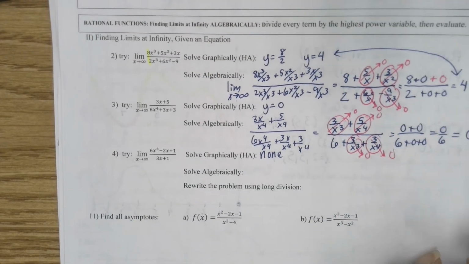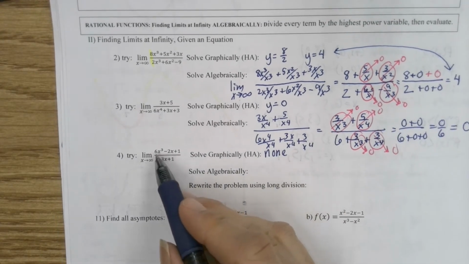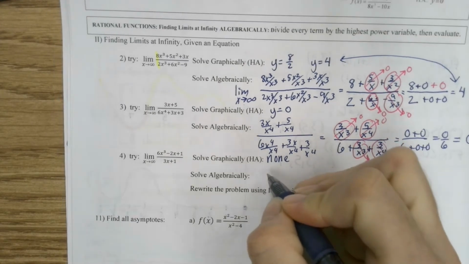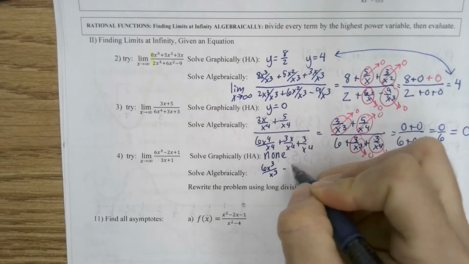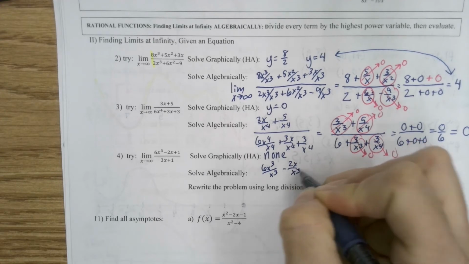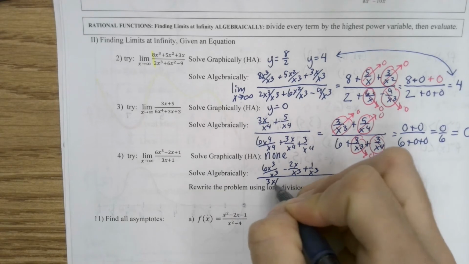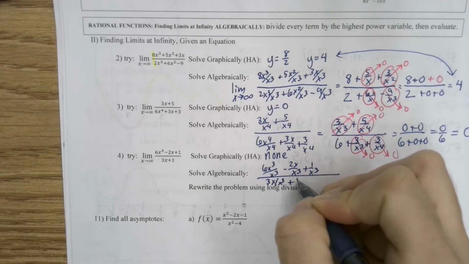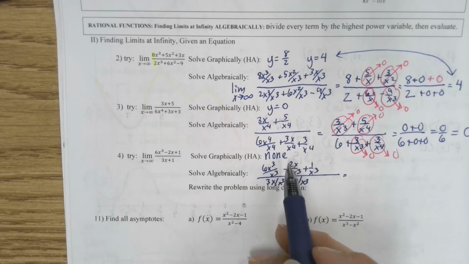Okay, if you take a look at example number 4, we're going to do the same exact thing. We're going to divide by the highest power. And so we'll have 6x cubed over x cubed minus 2x over x cubed plus 1 over x cubed over 3x over x cubed plus 1 over x cubed. Now remember, this was a scenario where we had no horizontal asymptote.